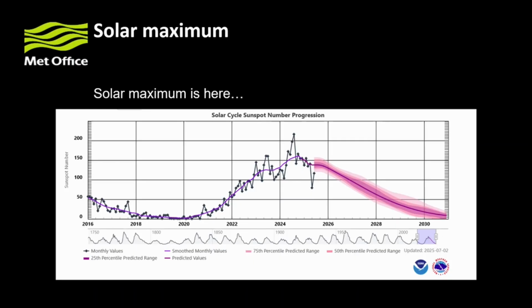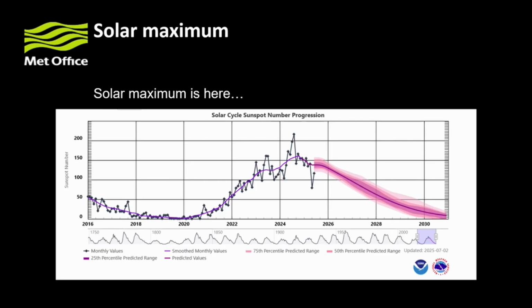Space weather, solar flares, coronal mass ejections, radiation storms, they typically originate from these sunspot regions on the sun. These are areas where we have a tightly bound magnetic field, a lot of energy tied up, which means that when we have more sunspots, typically you see an increased frequency in the number of space weather events.